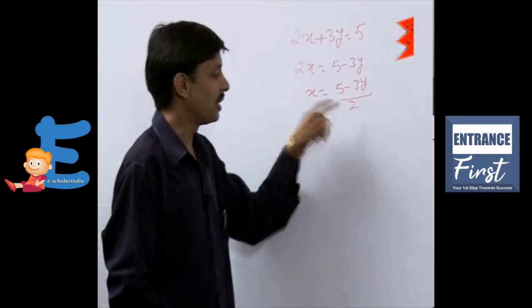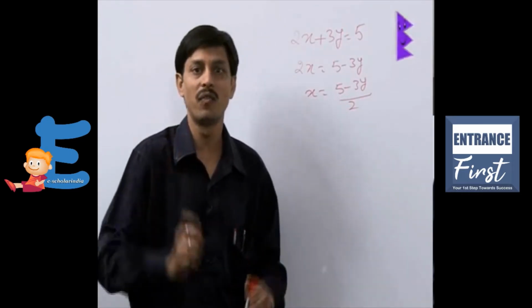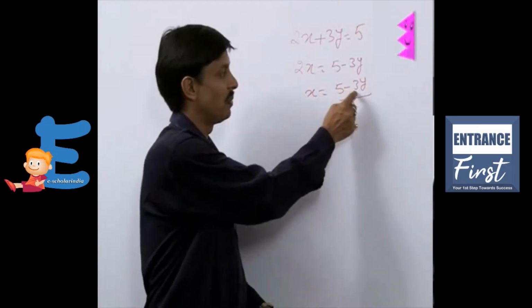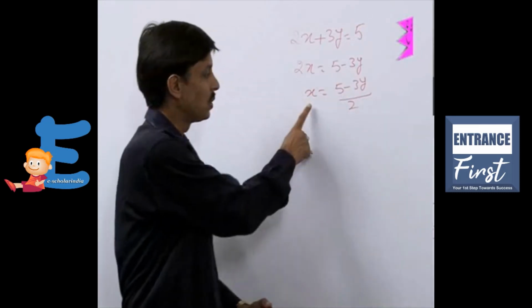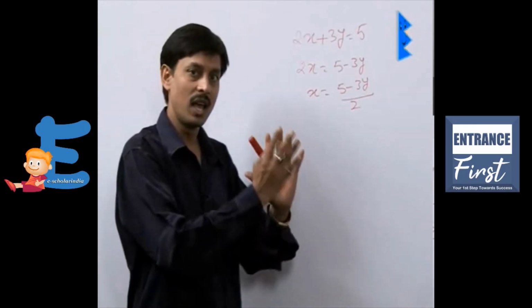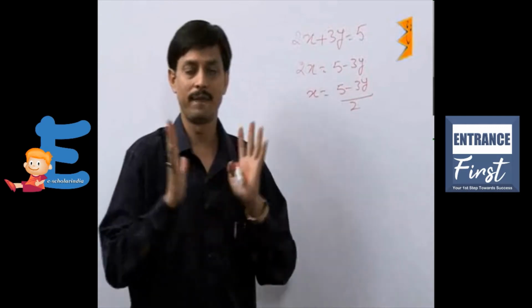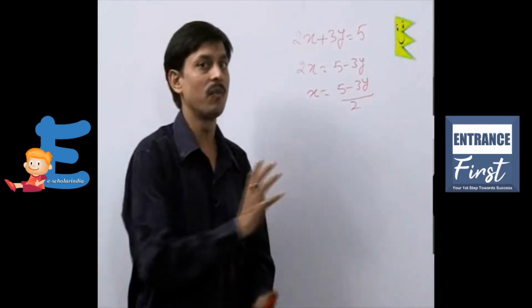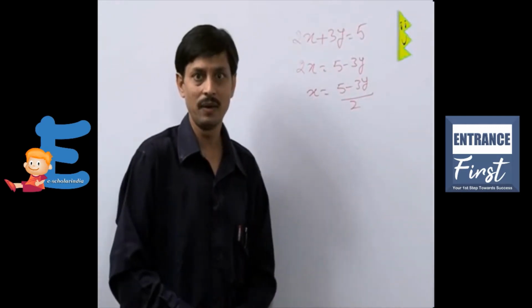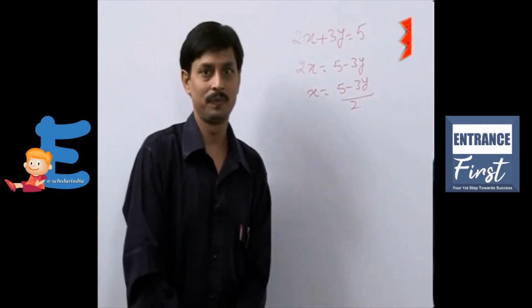Why have I taken 2 here? Because division by 2 is quite comfortable in comparison to division by 3. So we have expressed x in terms of y. One more thing, very mandatory to understand: which is the dependent variable and which is the independent variable.